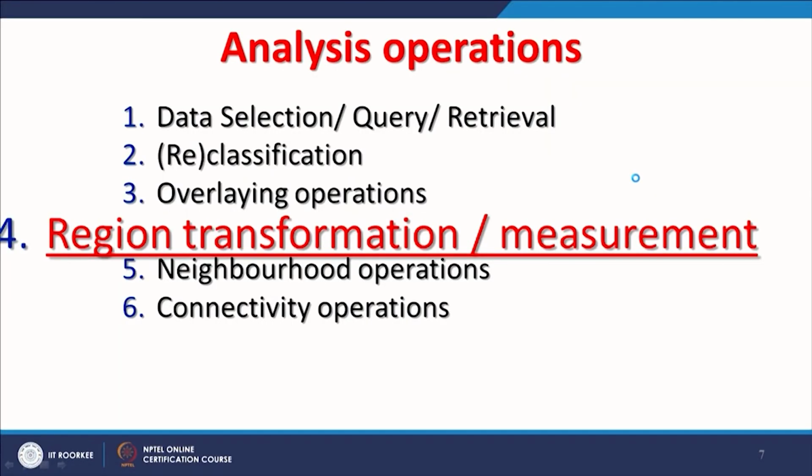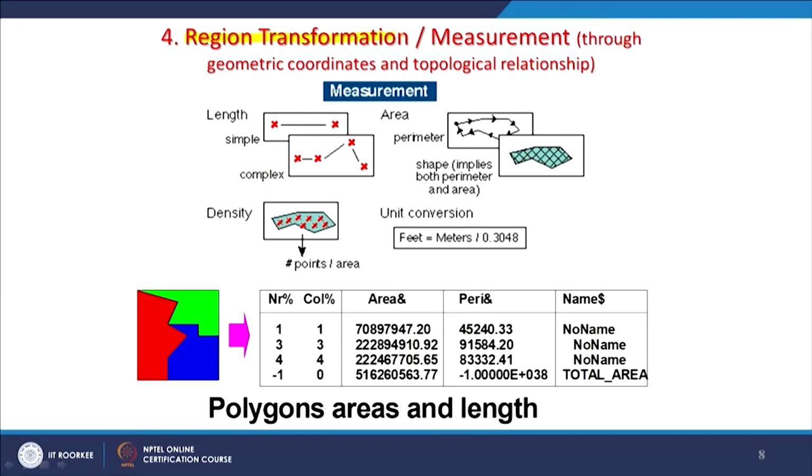Now, after these overlaying operations, we come to region transformation or measurement. Though we discussed simple measurement operations earlier in the primary operations, here the measurement operations are not simple. So we will see how these things can be done. Under region transformation and measurement, length can be measured, area can be measured.